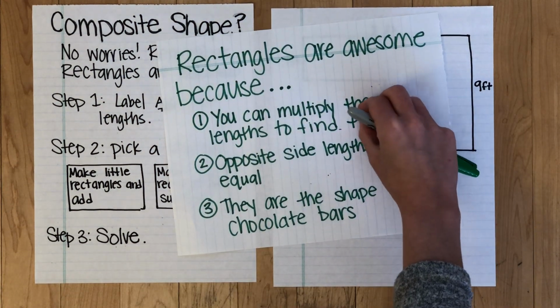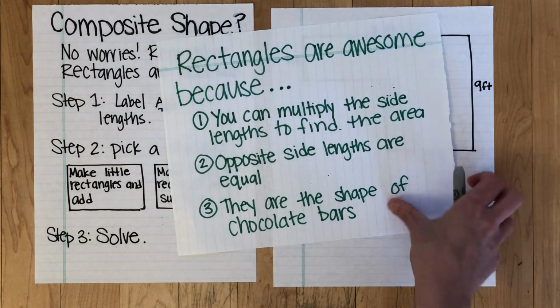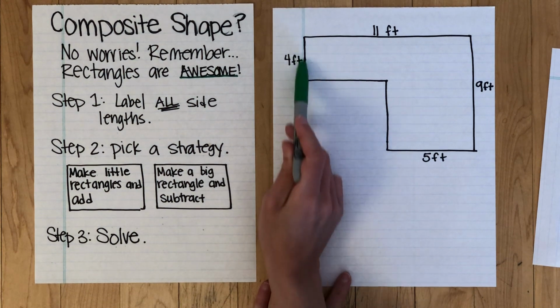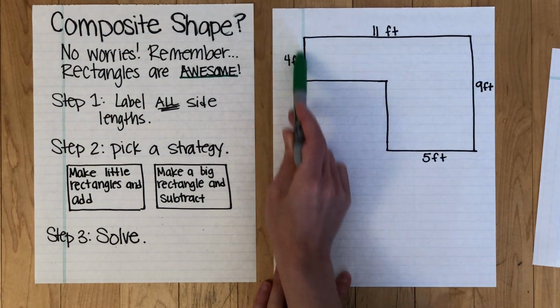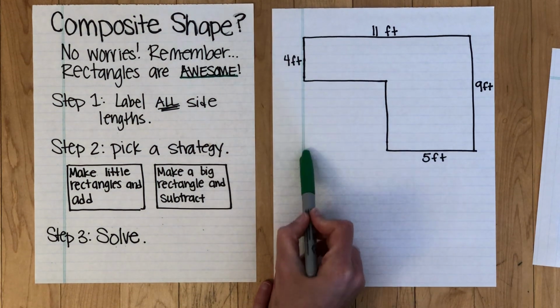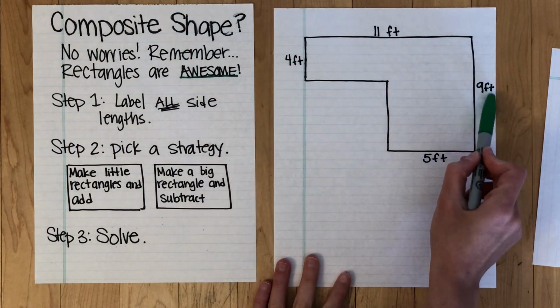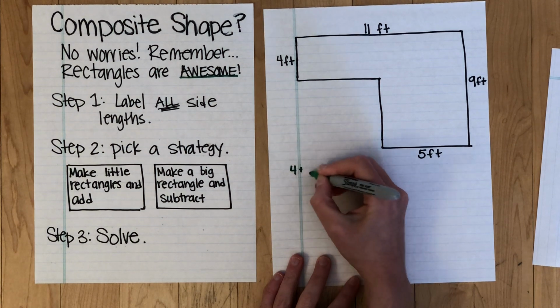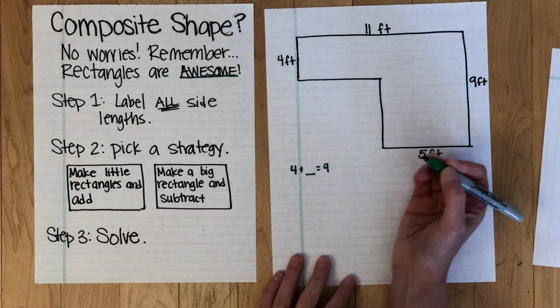Look, I even have a little piece of chocolate left over there, a little snack. Opposite side lengths are equal. So if 4 is already this section, when added to 4, has to equal 9. So we're trying to figure out 4 plus what equals 9.